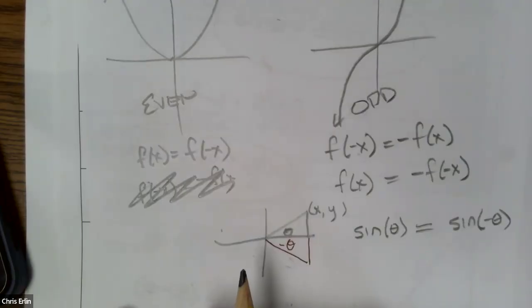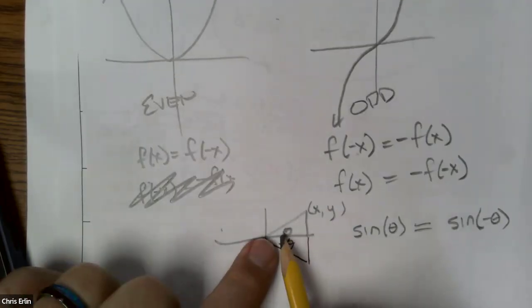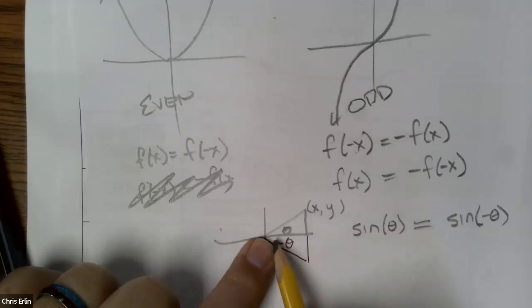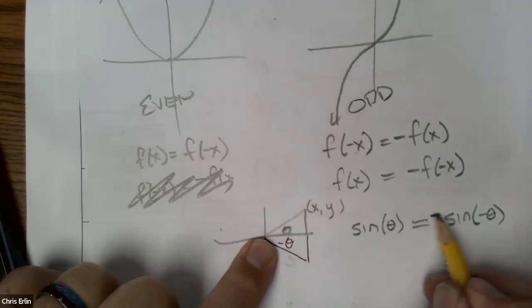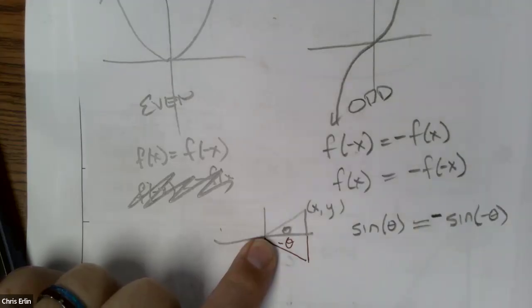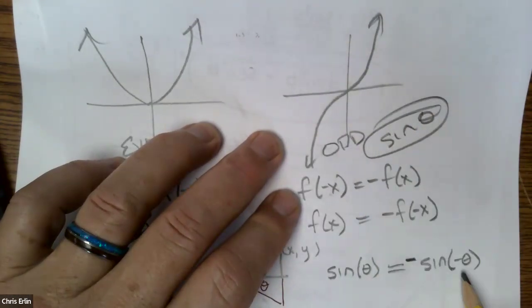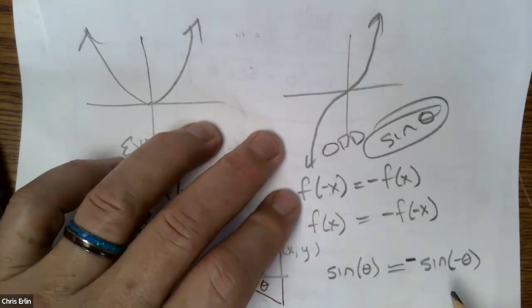Are they the same? Here's theta. The sine is this positive y value. Here's negative theta. The sine is this negative y value. So what's the relationship between these two things? Are they the same? Or do I have to put a negative in here to make them the same? In other words, sine is odd. It's an odd function. So when you put a negative in, you got to put a negative outside to balance it out.